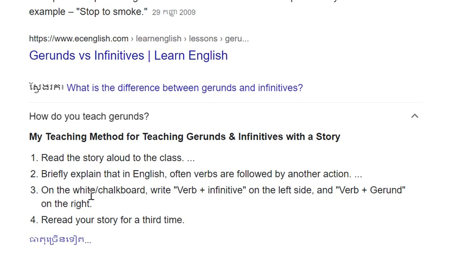On the chalkboard, write verb plus infinitive on the left side, and verb plus gerund on the right. 4. Reread your story for a third time.